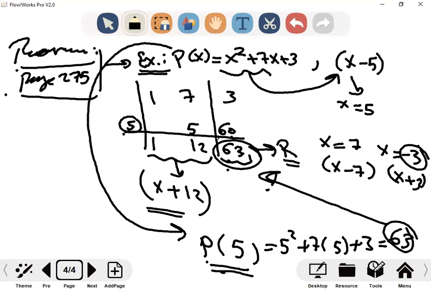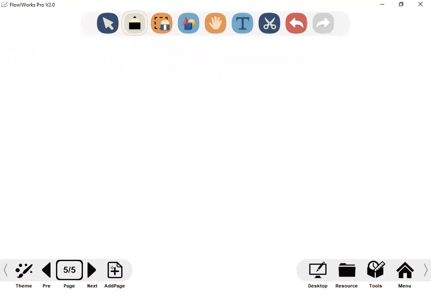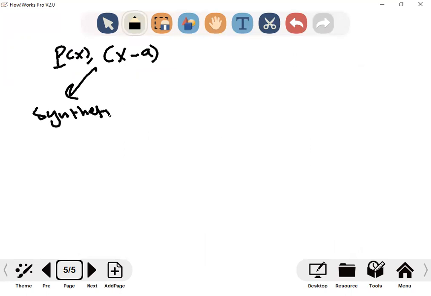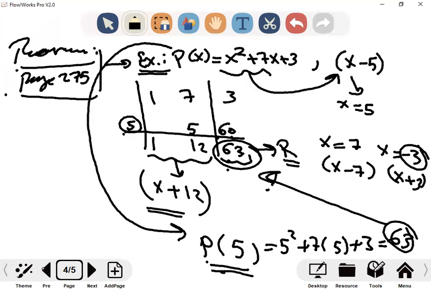Got it? So in general, if you have a polynomial p of x and you want to divide by x minus a, you can find the remainder in two ways. You can make synthetic division, and at the corner you will find the remainder, which here was this one.